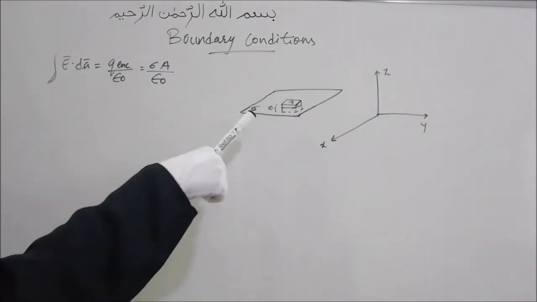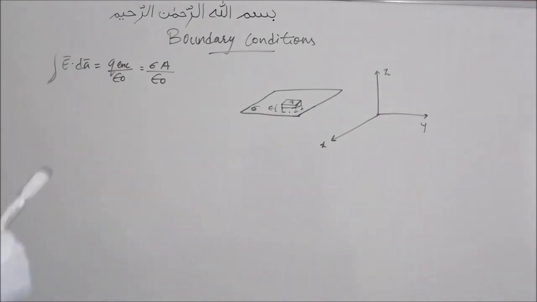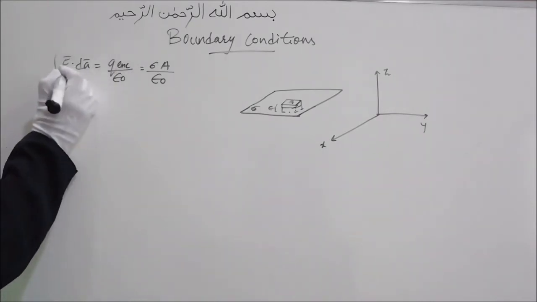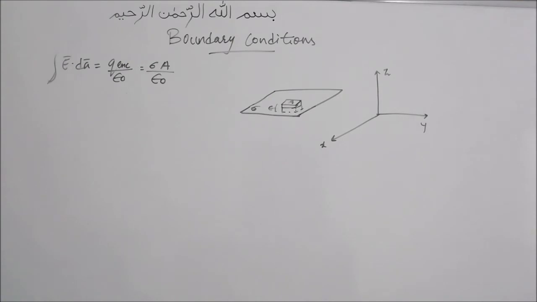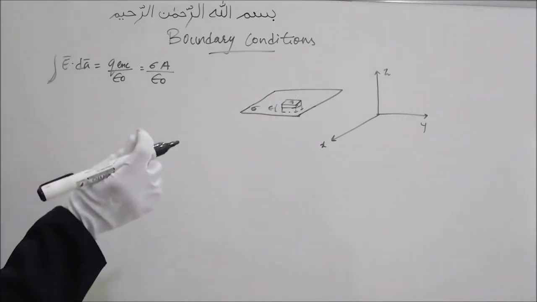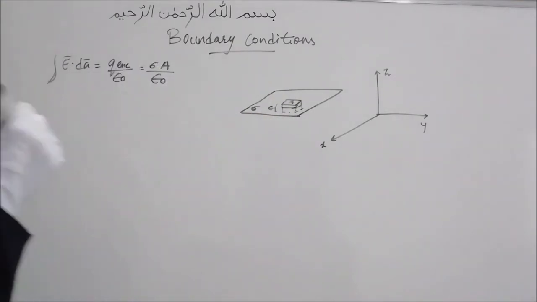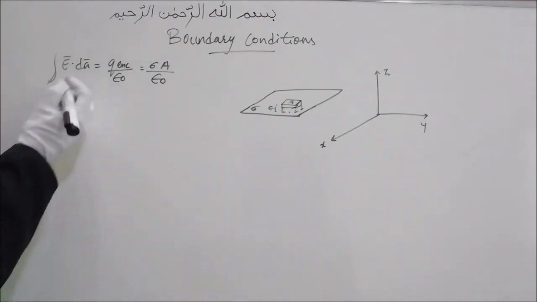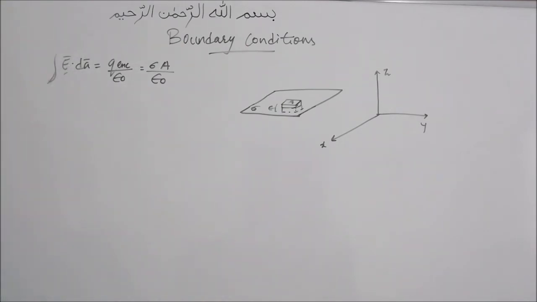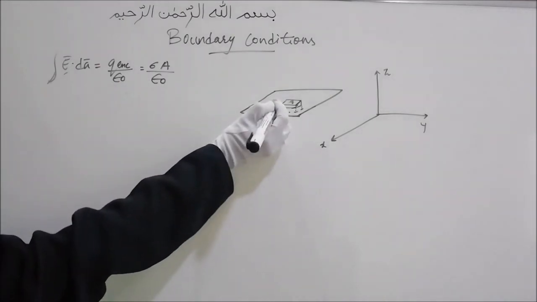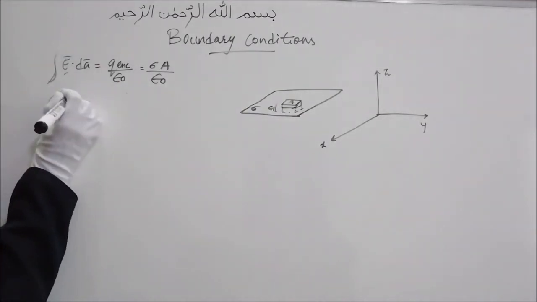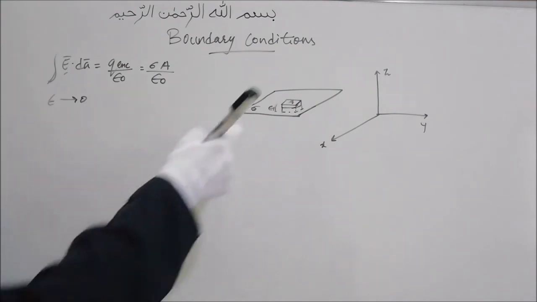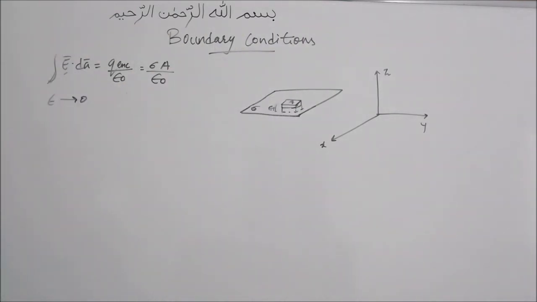Now if this sigma, that is charge density, varies from point to point, then the electric field will also vary from point to point. So we will take the area so small that the charge density will not vary, it will remain constant, which in turn will mean that the electric field is now constant. I am also taking this epsilon height to be 0, such that the sides will contribute nothing to the flux.